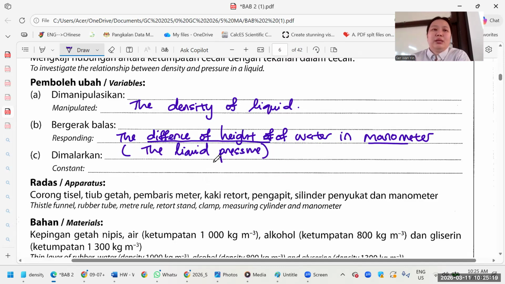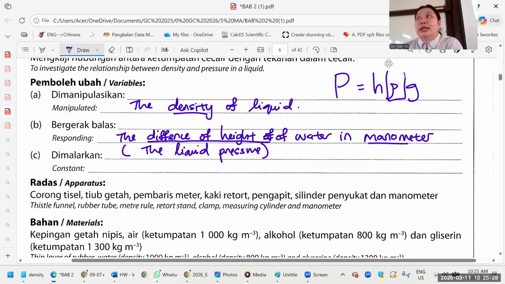So now tell me what is the constant variable by using P equals to H rho G. Density is our MV. What is our RV? Pressure.